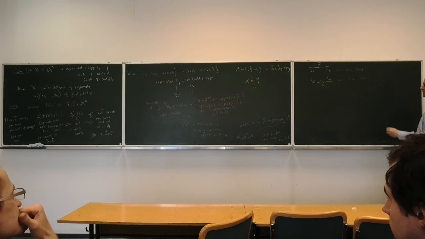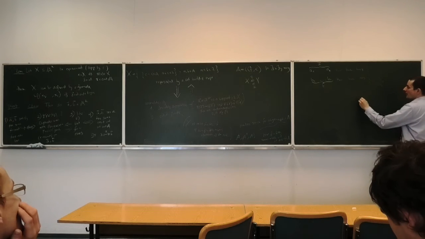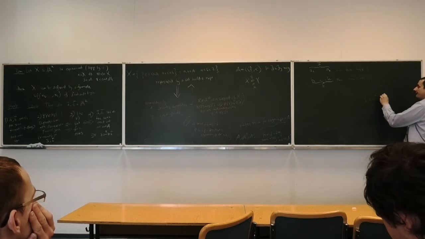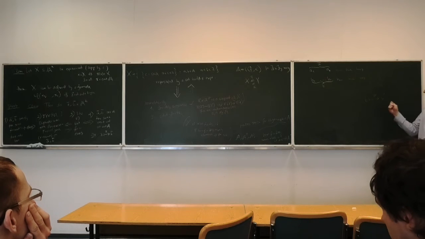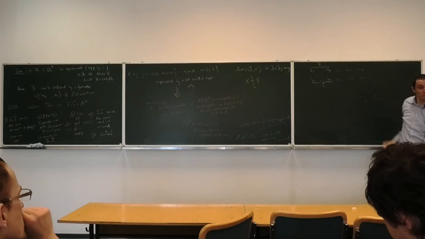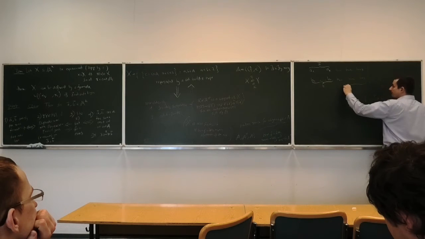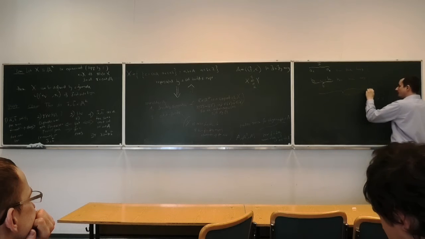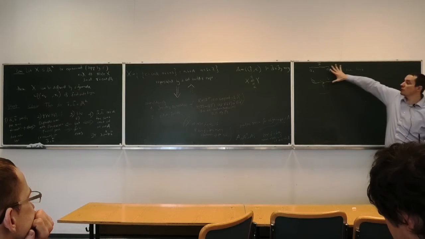But now imagine that B can be mapped to B prime by some automorphism pi which preserves all of this. So pi does not move any of these things.